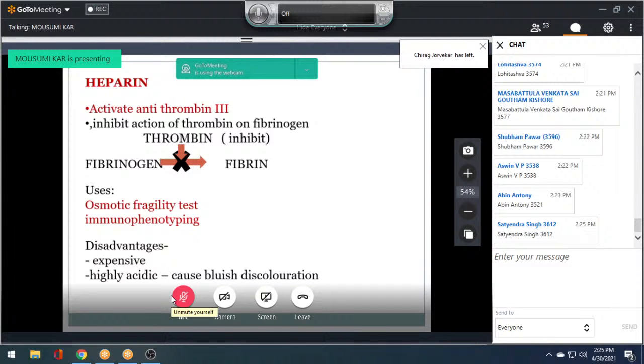So never make a peripheral smear or bone marrow smear or any kind of smear in heparin because it causes a bluish discoloration. You will not be able to get a clear background and it will be difficult to identify the morphology. Another disadvantage is it's expensive. It is not available in all the wards. So heparin, remember: bluish discoloration, it works through antithrombin 3, and the uses are osmotic fragility and immunophenotyping.